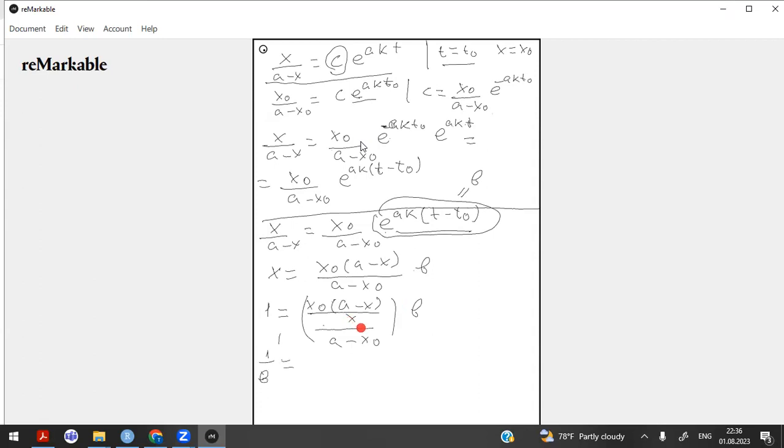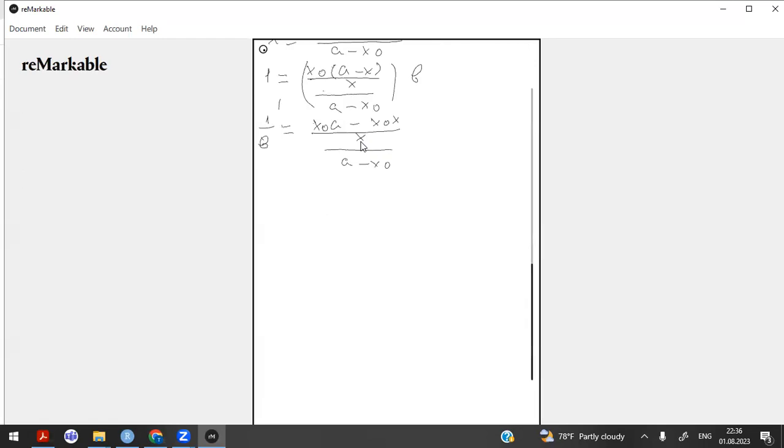And here, what we can do is multiply firstly, so we'll have x0 a minus x0 x divided by x, and all this part divided by a minus x0.